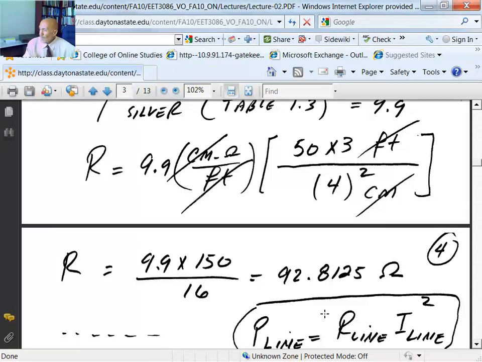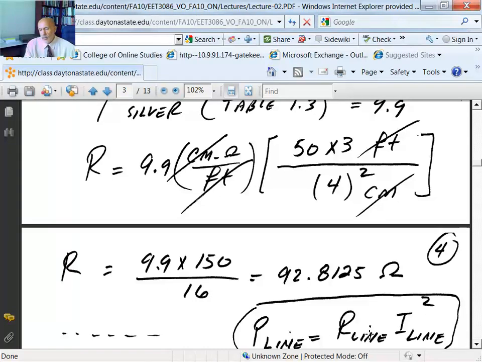Now, you always need to minimize the resistance value, especially for the power company and transmission lines, or if you hook up a load which is 50 or 60 feet away. Let's say you have a well and you want to use some kind of induction motor to pump the water or oil or whatever the case might be, and you want to minimize the resistance value, because what happens is you lose power on the line.